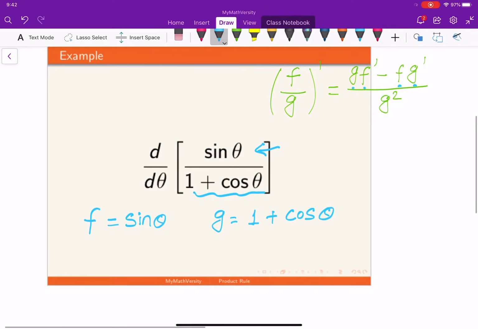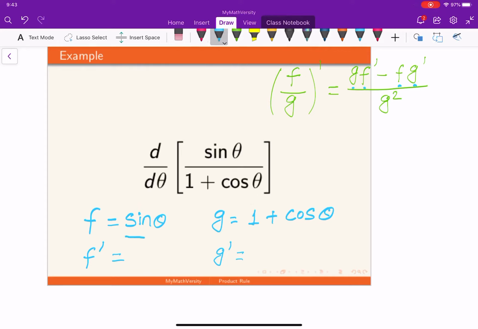Our next goal is to find f prime and g prime. Since both functions are functions of theta, we differentiate with respect to theta. What is the derivative of sine theta with respect to theta?